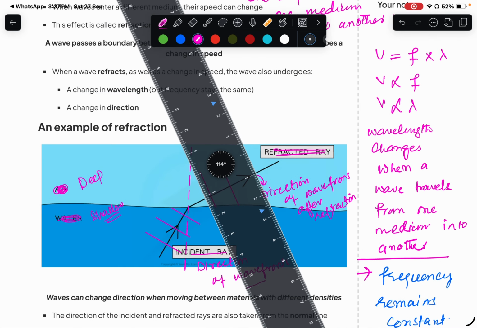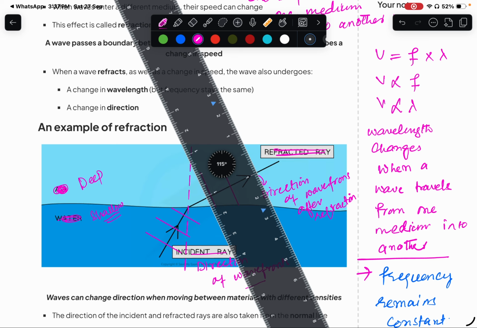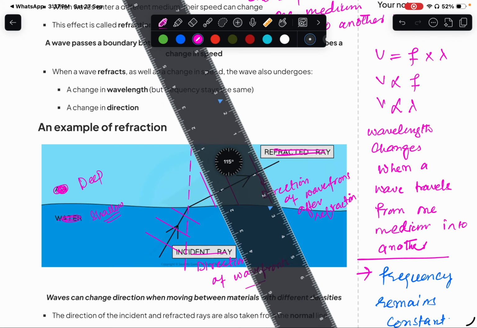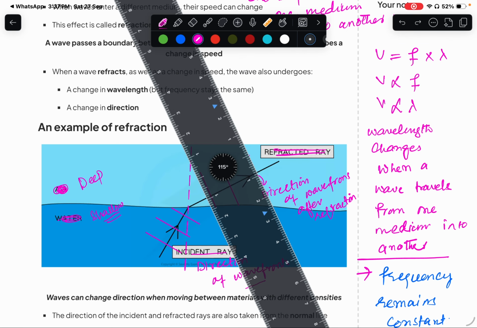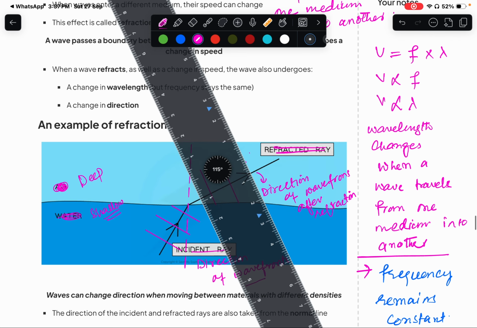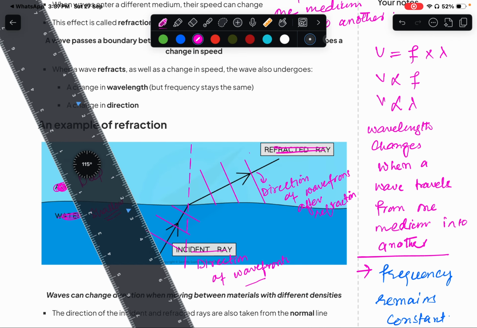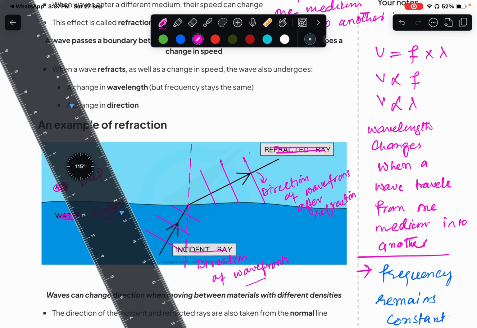So the wavefronts must be away from each other. You can see the gap between the wavefronts. It is greater than before. You can see the distance. This wavelength is increased.